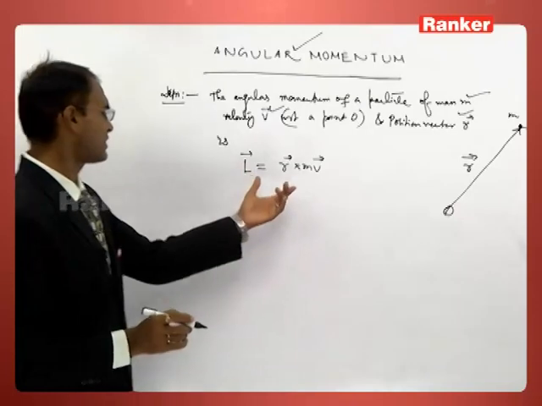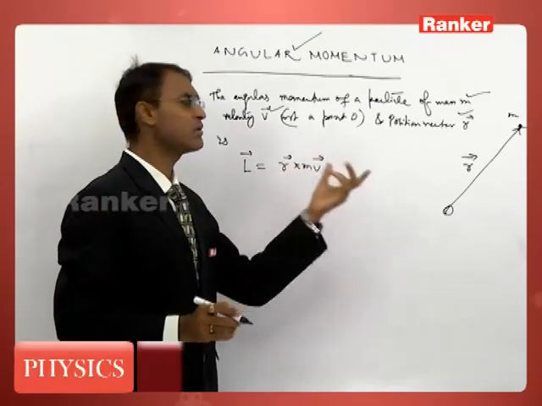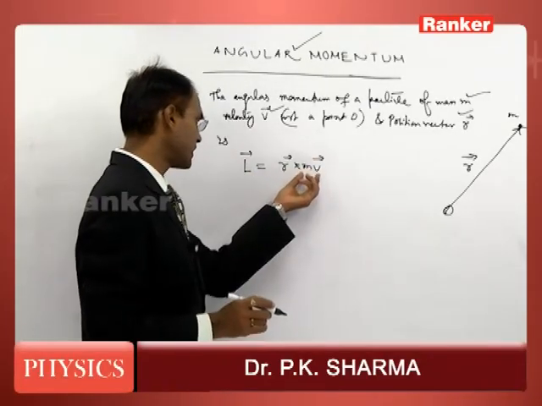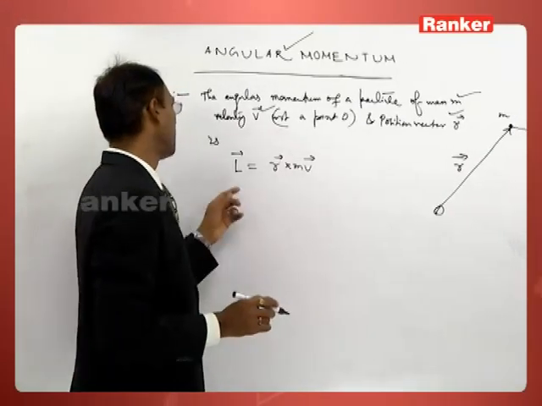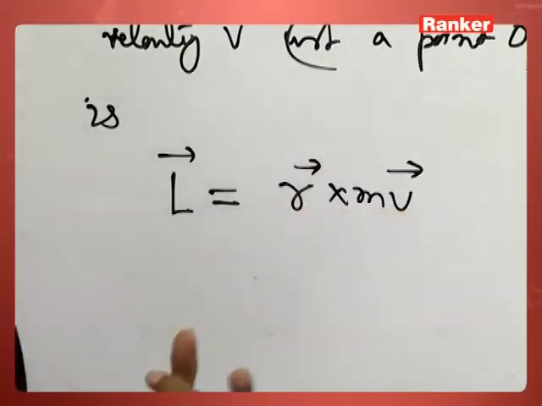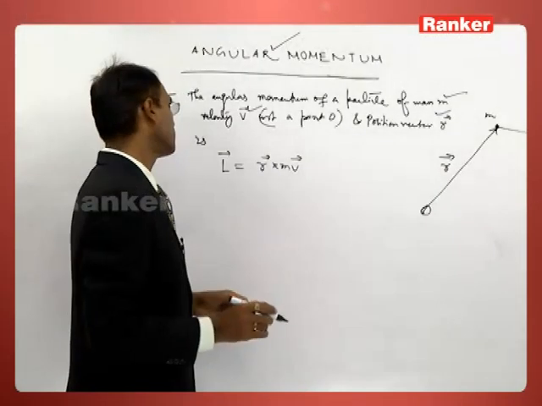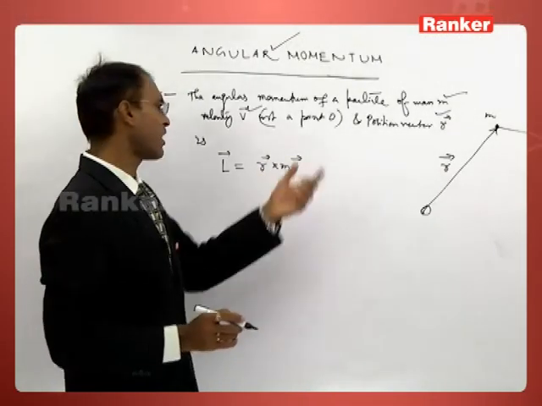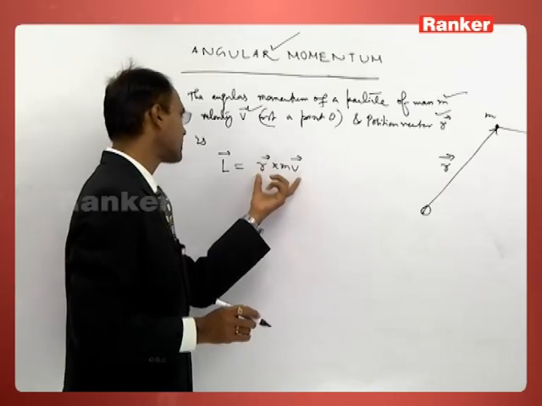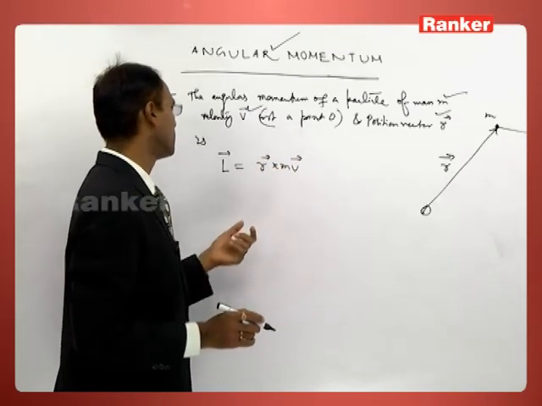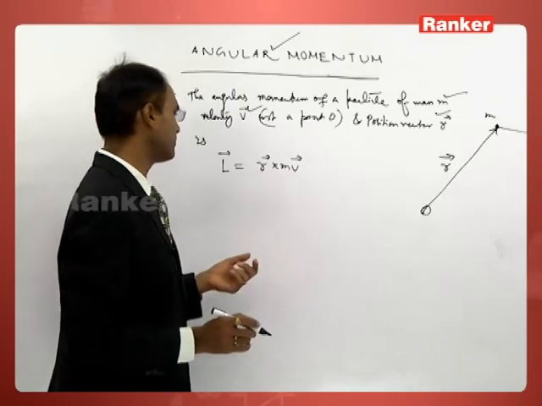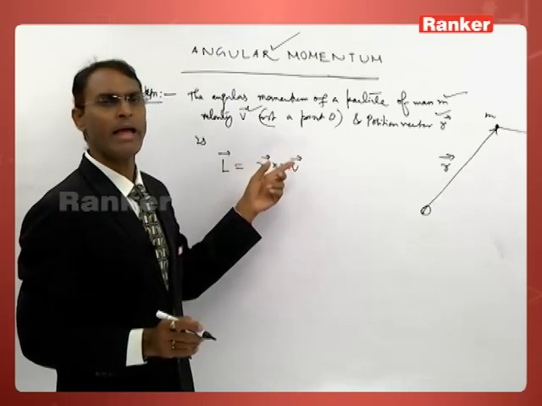We define this term as angular momentum because linear momentum is changed by the net force, and this entire quantity is changed by the net torque. Torque is the angular analog of the force. Therefore, this quantity should be named as the angular analog of the linear momentum. Therefore, it can be called angular momentum.